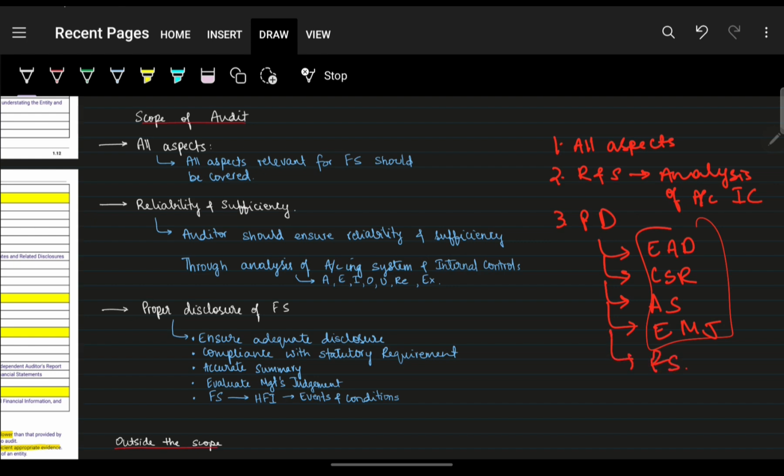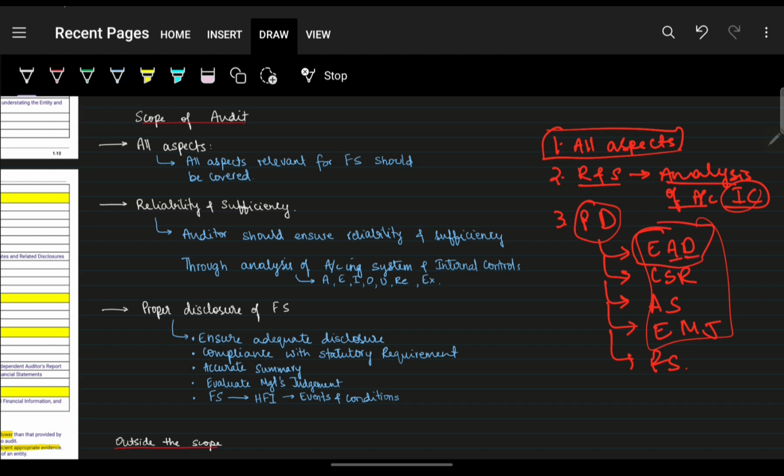So here, in scope of the audit, he should cover all aspects of the financial statements. He should ensure reliability and sufficiency through analysis of the accounting system and the internal control. How does he do the analysis? Through AEIOU, reperform, external confirmation, and presentation. He should ensure that there is sufficient presentation and disclosure, meaning adequate disclosure.